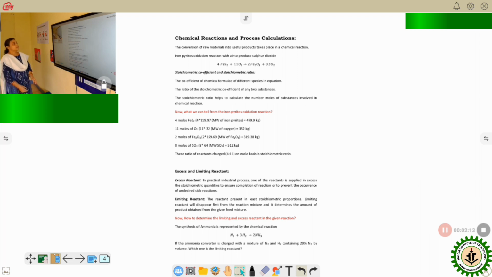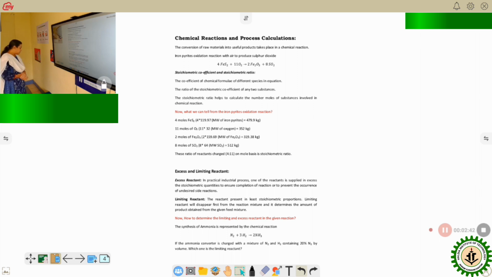To describe this balanced equation, we need to describe two terms: stoichiometric coefficient and stoichiometric ratio. The stoichiometric coefficient is the coefficient of the chemical formula of different species in the equation, and the stoichiometric ratio is the ratio of the stoichiometric coefficients of any two substances.